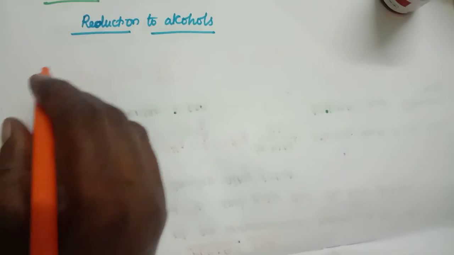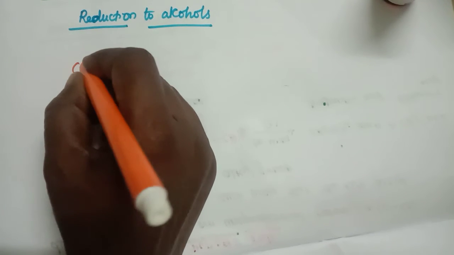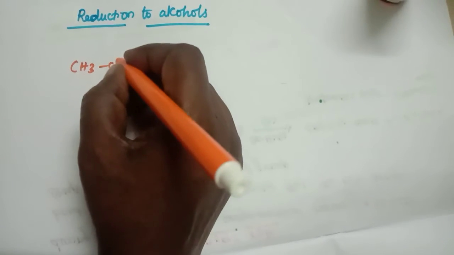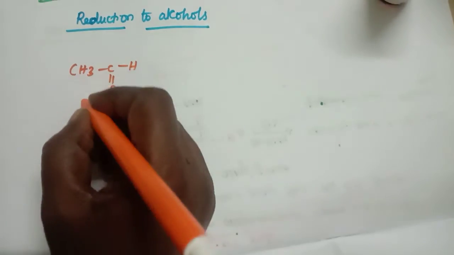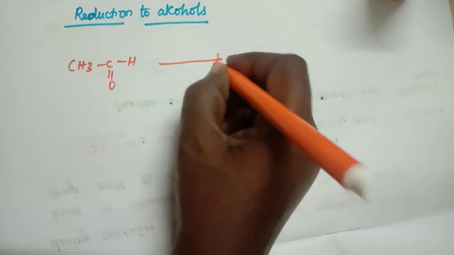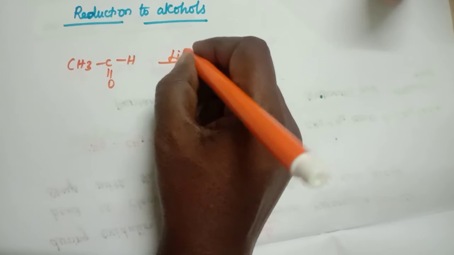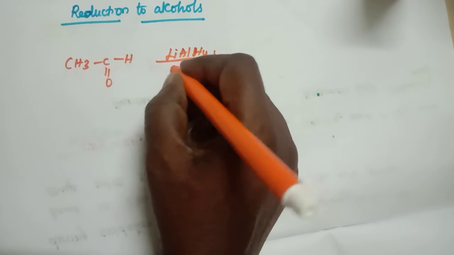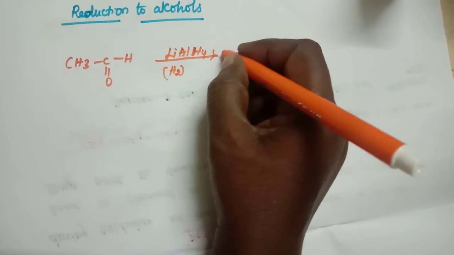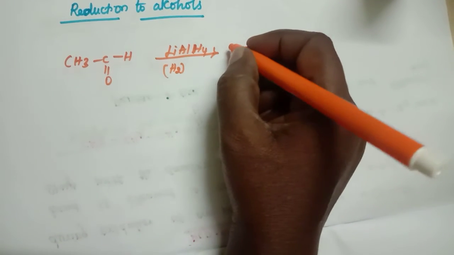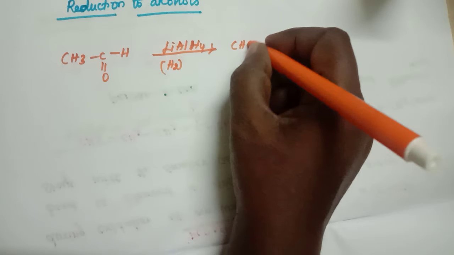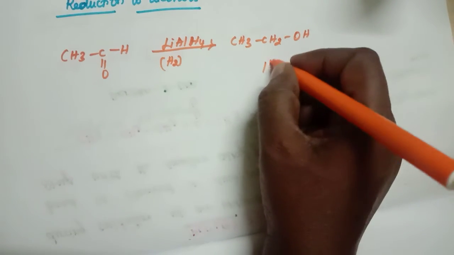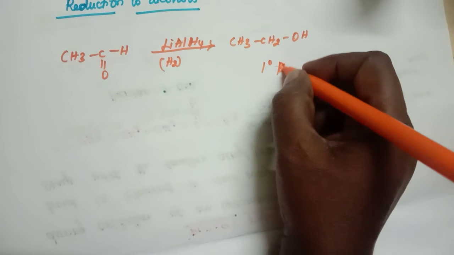For example, acetaldehyde, CH3 C=O H. When it undergoes reduction in the presence of lithium aluminum hydride, it gives ethyl alcohol, CH3 CH2 OH, that is a primary alcohol.